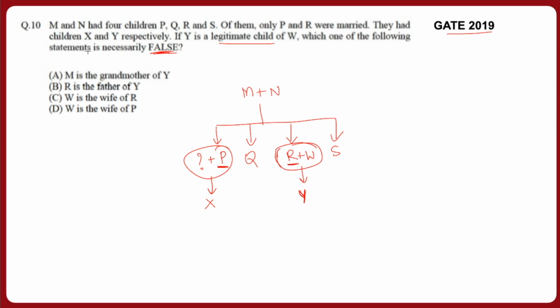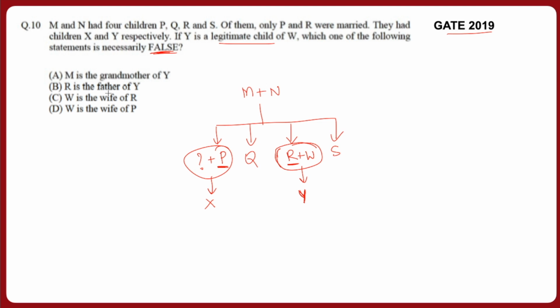Now which one of the following statements is necessarily false? First says that M is grandmother of Y. You cannot say that because there is nothing mentioned about the gender of M. M can be grandfather also, right? Fine. So it's not necessarily true, but it can be true. M can be grandmother, right?